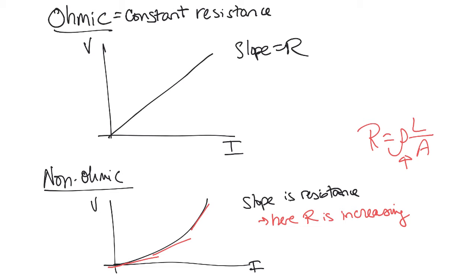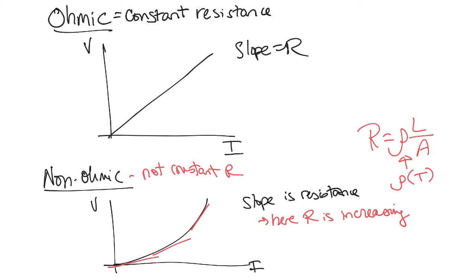with that material. Well, what you hopefully see here is that resistivity can be a function of other things, and most often it's temperature. So if you have a light bulb, this is not constant resistance.